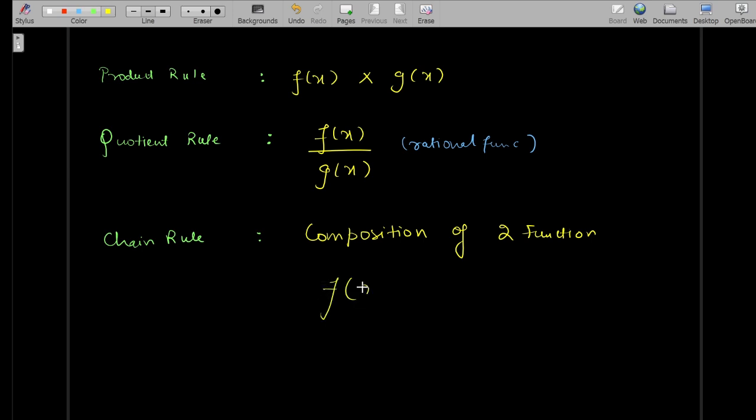So usually we have f of x, but instead of this x, you have another function as the input. So f of g of x. Okay? So instead of x, the input is another function. So this is called composition.